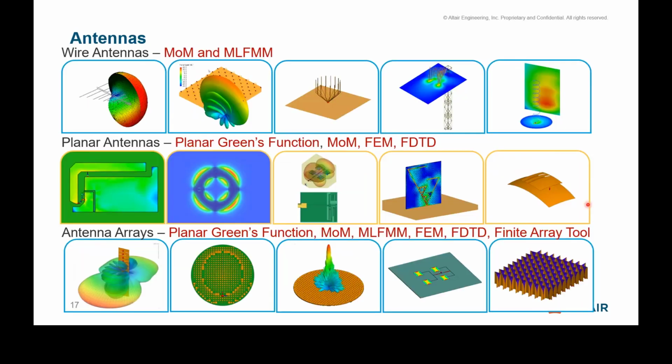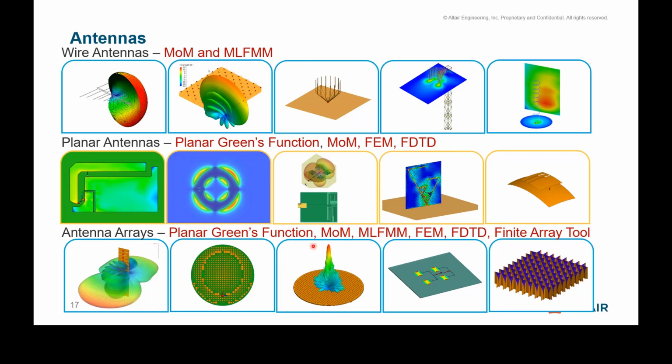So coming to antennas, you can design any type of antenna using Feko, as I mentioned before, but having the advantage of various methods. For example, if you have wire antennas, you will have the most efficient solution using, let's say, method of moments or MLFMM. For planar antennas, you can use planar Green's function, the 2.5D, method of moments or FEM or FDTD.